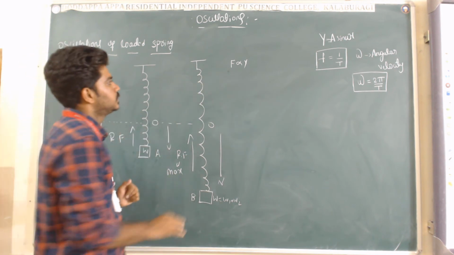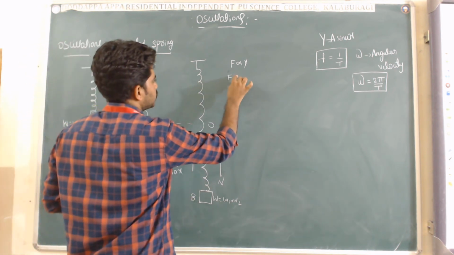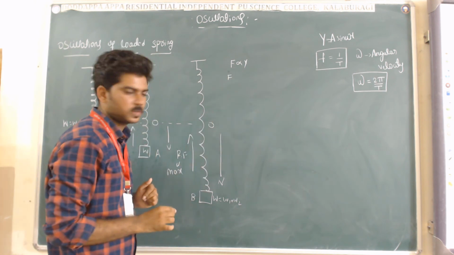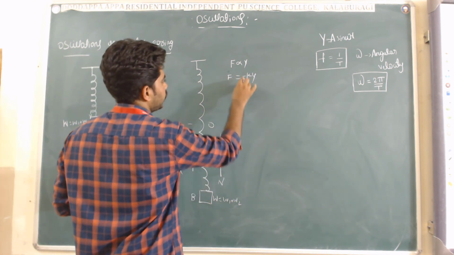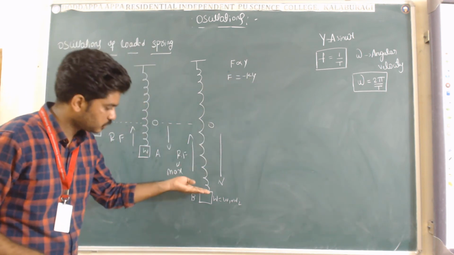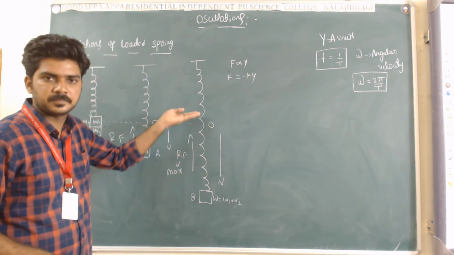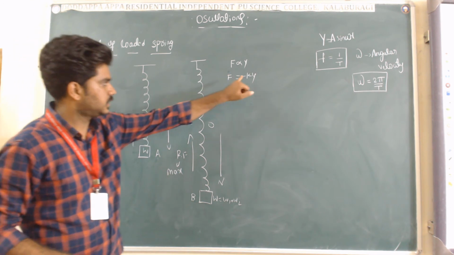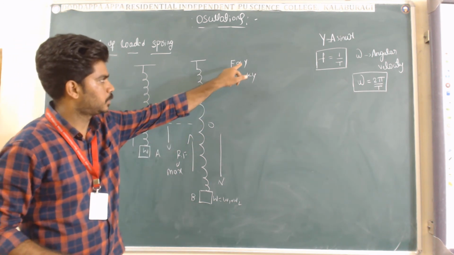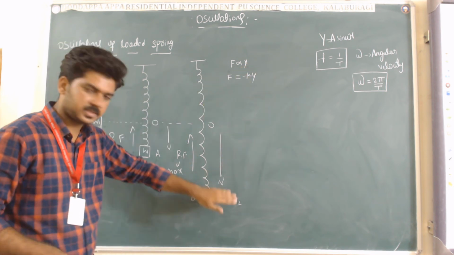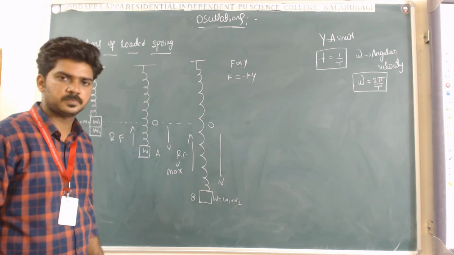So F is equal to minus k y, if we remove the proportionality constant. Here why am I writing minus? Because the restoring force is opposite. That is the reason we have written minus. So F is directly proportional to displacement.